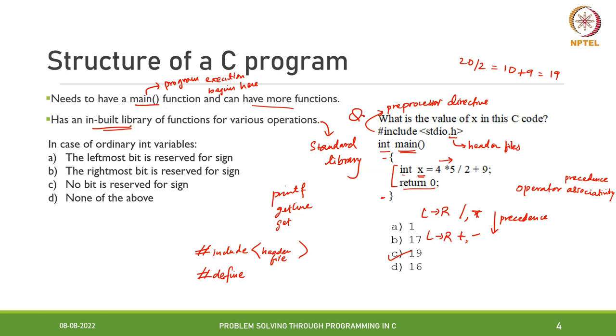We can use it in a very versatile manner. Undef, ifdef, there are a lot of preprocessor directives that you can use. But for now, let us be concerned only with include, which is the most prevalent one because we need to use functions from the standard library, and include is the most important preprocessor directive that allows us to do that.